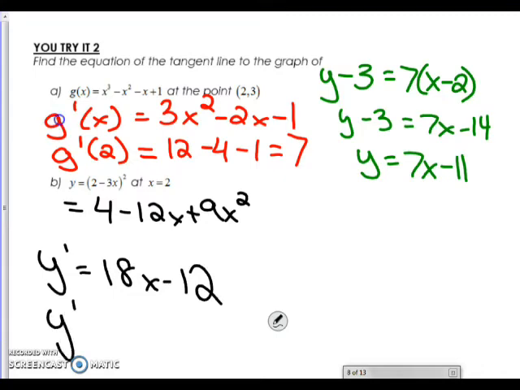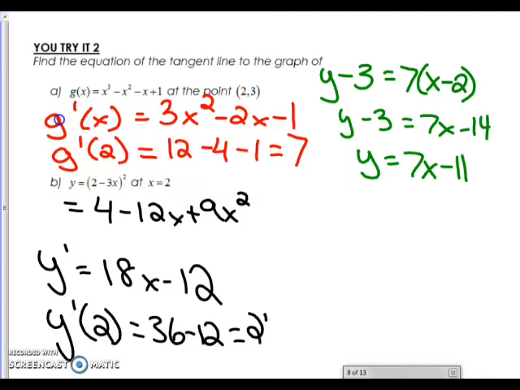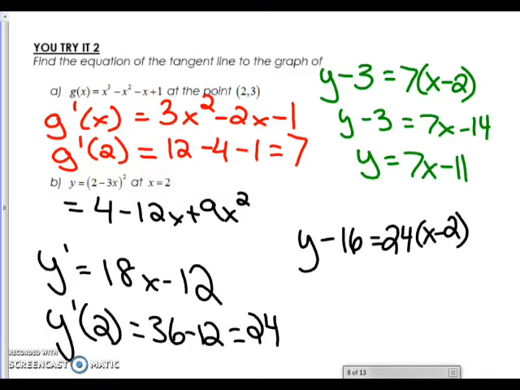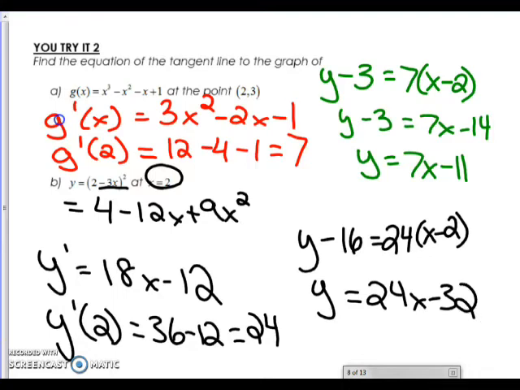Then you plug in a 2, so you get 36 minus 12, which is 24. So your final answer is y minus 16 equals 24 parentheses x minus 2. Any questions on where that negative 16 came from? No. Okay. To get that negative 16, you're plugging in x equals 2, but you plug it into the original. Then we're going to have y equals 24x minus 32 as your final answer once you clean that up.